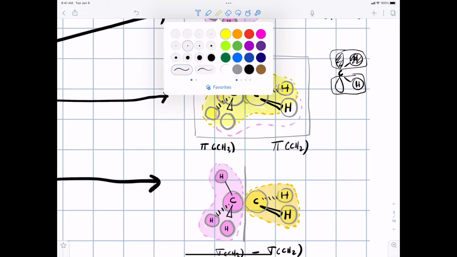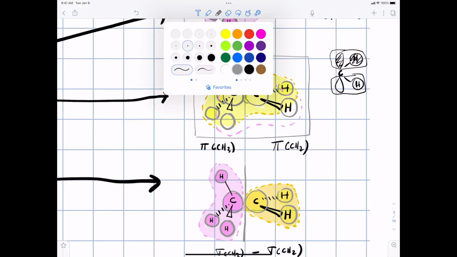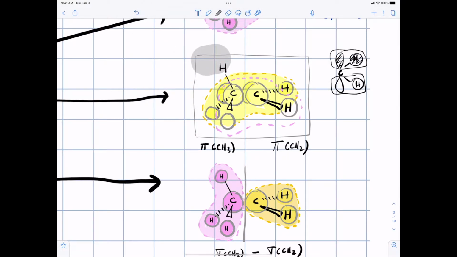Now, if I'm, go ahead. Why do they overlap like that? Why is it like pi and not something else? Why didn't they overlap in some other way? Okay, help me see what other way you're considering. I just don't understand why we draw it like that.